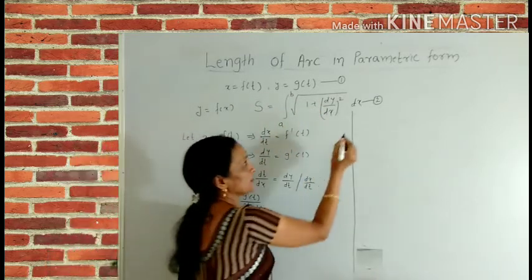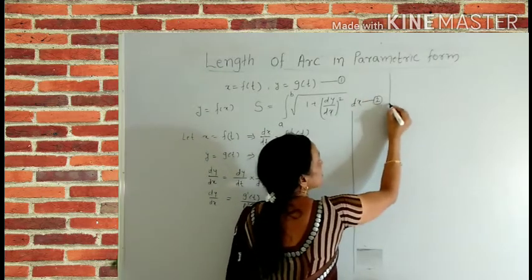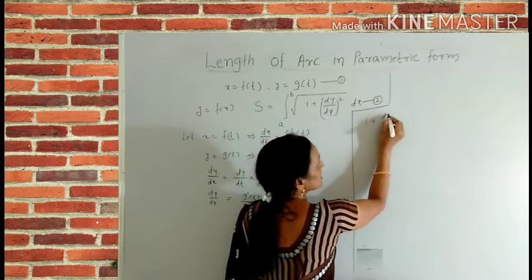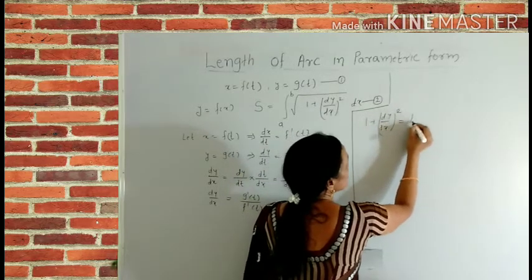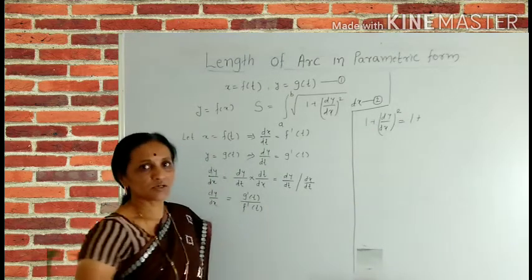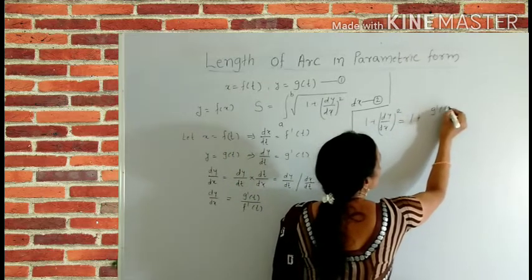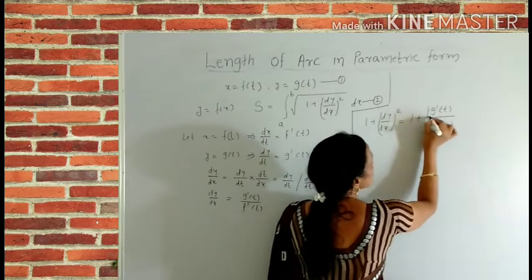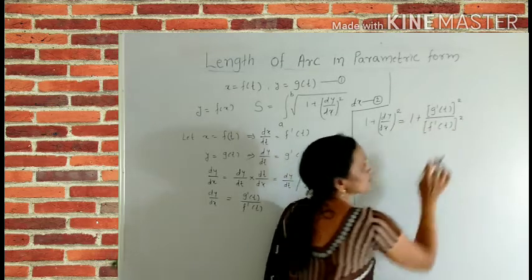So we find the value of 1 plus (dy/dx) squared, which equals 1 plus, and the value of dy/dx is g'(t) divided by f'(t), so we write g'(t) divided by f'(t), squared, which means g'(t) squared divided by f'(t) squared.